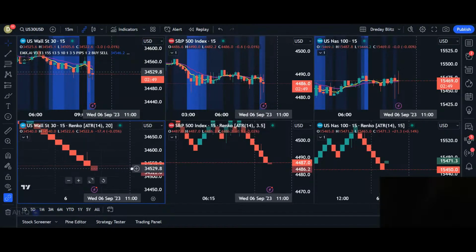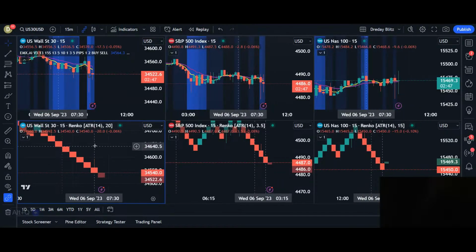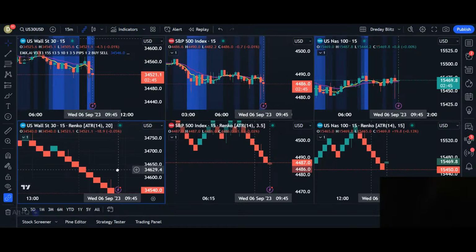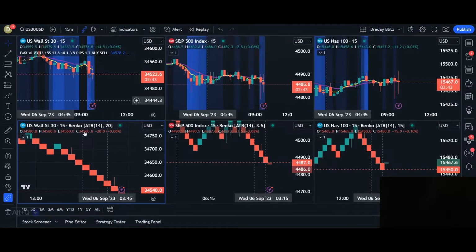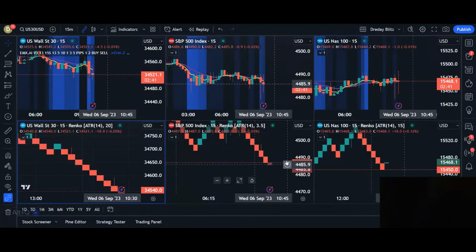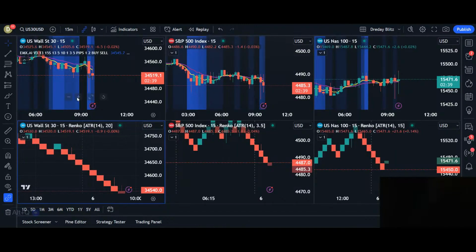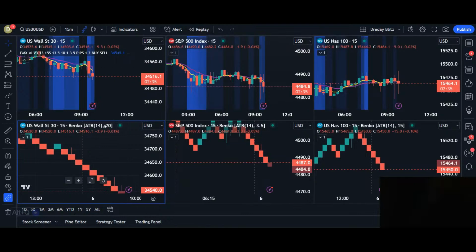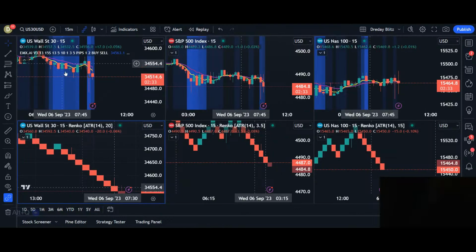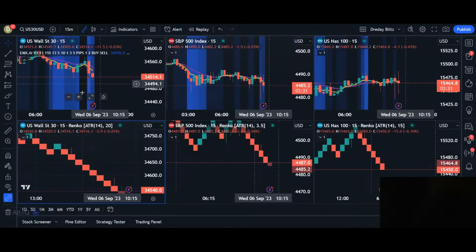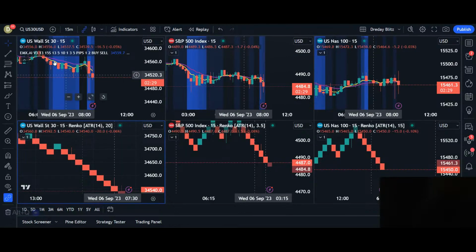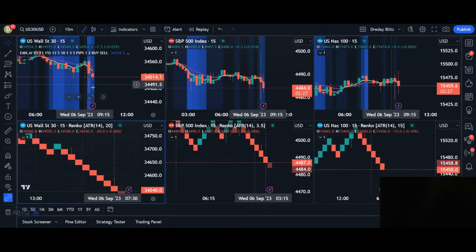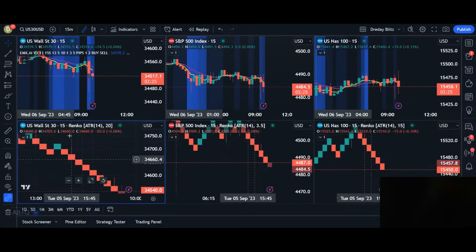The other question that Leon had is which time frame I put my Renkos. As you can see, my Renko time frame here is 15. I always put the Renko bar time frame based on the chart that I'm trading on. So if I'm trading off of the 15-minute, as you can see right now, it will be off of the 15-minute.